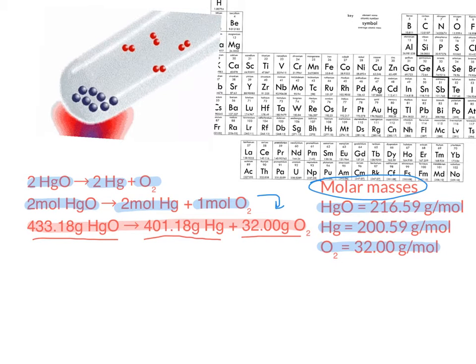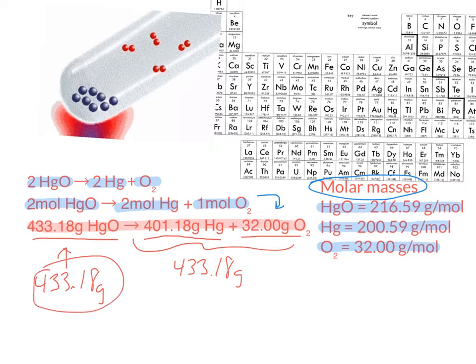And as stated in the video, the law of conservation of mass holds true. The reactant mass, which is 433.18, is equal to the product mass. So if we add together the 401.18 plus the 32, we get 433.18. So that shows that the atoms are equal on both sides of the equation because the mass is equal on both sides of the equation.